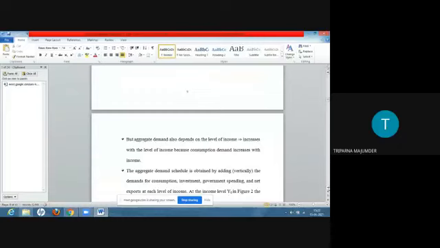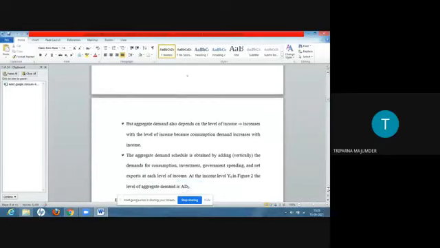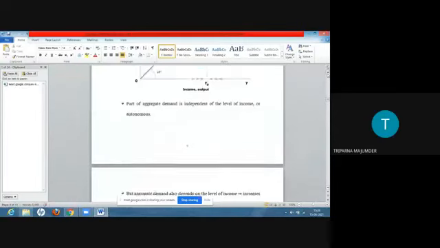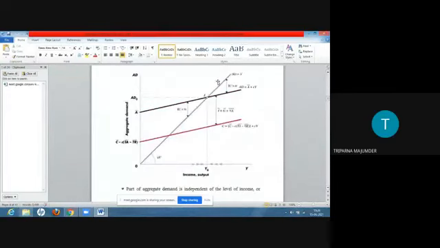We have already talked about the consumption function, which is dependent on the level of income. So we have an aggregate demand curve like this. Here we just have this consumption function whose slope is c, or marginal propensity to consume.